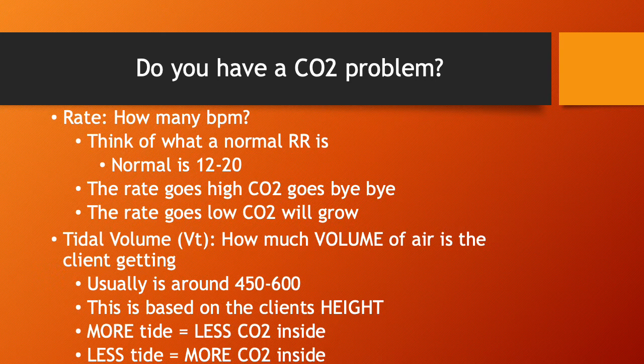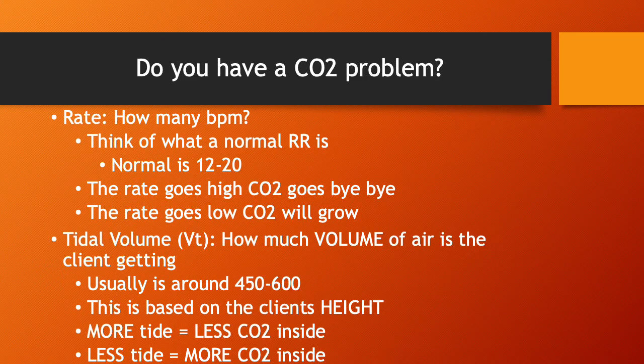The more volume a patient is getting in their lungs allows for more expansion and more gas exchange. So larger volumes are going to cause more gas exchange, and there's going to be more blowing off of that carbon dioxide. Whereas if you have less tidal volume, less stretch, there's going to be less gas exchange, so more carbon dioxide is kept inside.